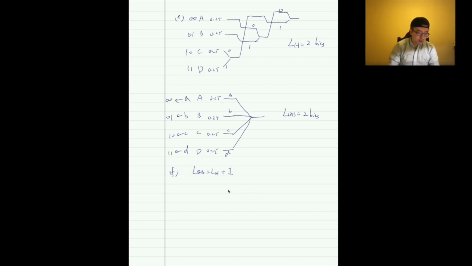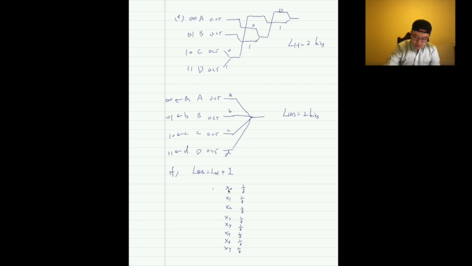So maybe, for example, let's say we have 8 symbols, x0, x1, x2, x3, x4, x5, x6, and x7, right? Maybe let's assume they all have equal probability, 1/8, right? Okay.